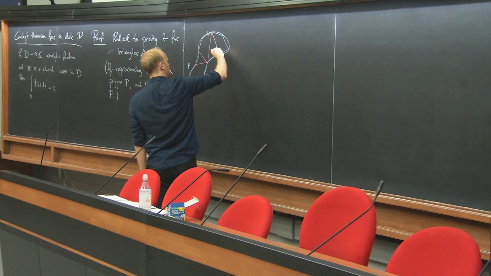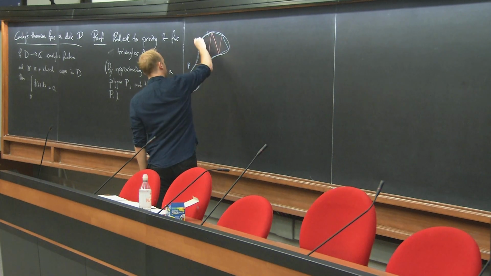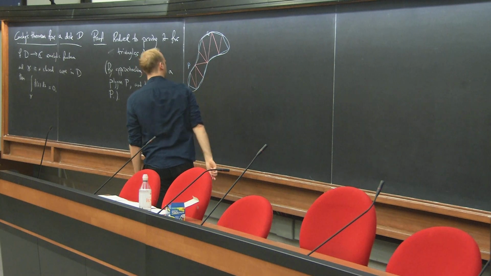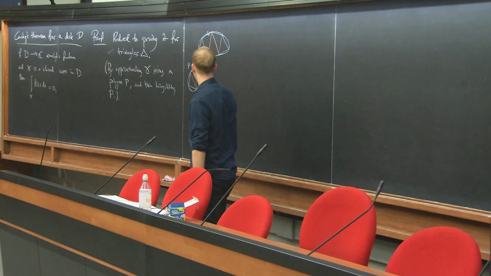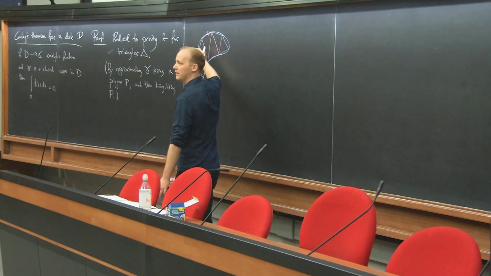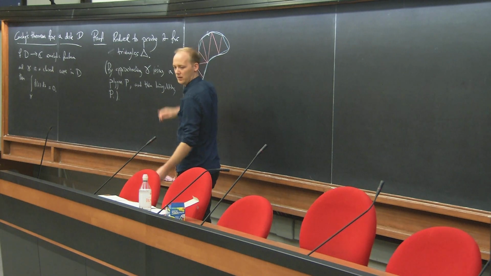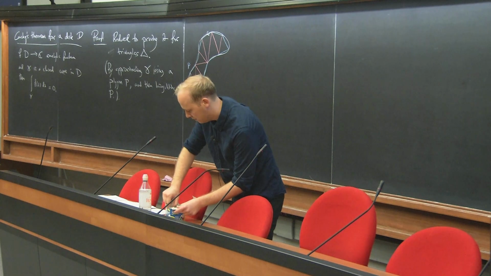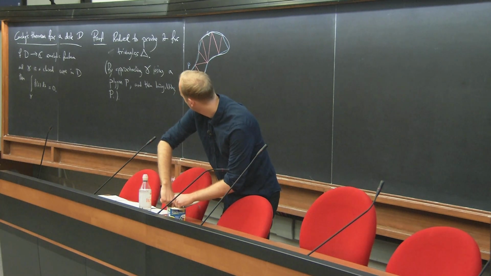And now I subdivide this one, then this one, and that. Here I can divide it like this, and like this. And now we have such a triangulation where each interior side is part of exactly 2 triangles.